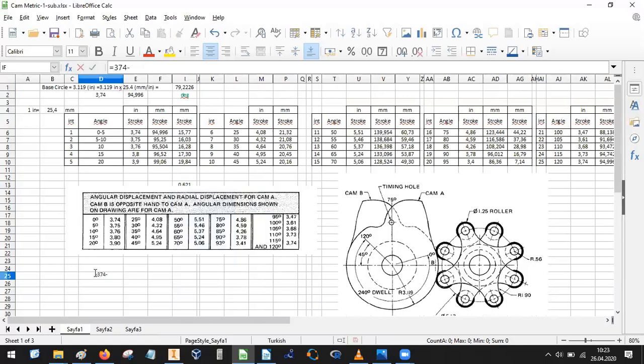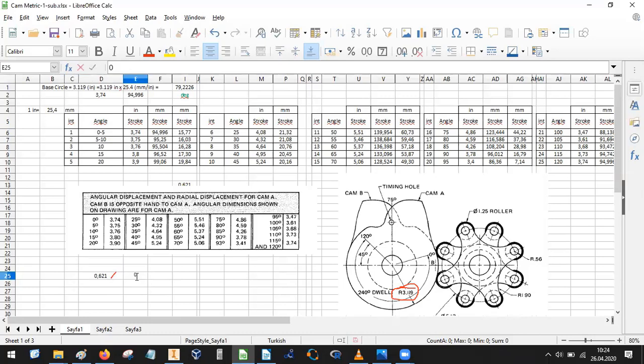3.74 inches minus, this time I have 3.119. This is in inch units.